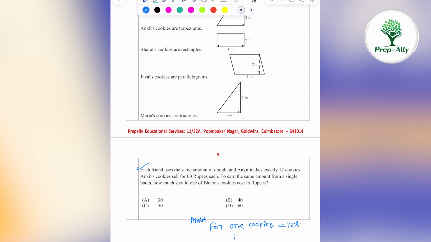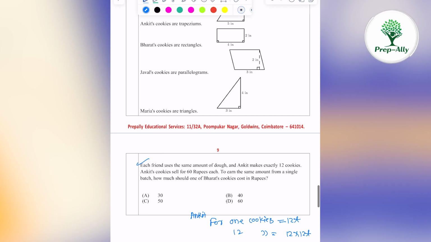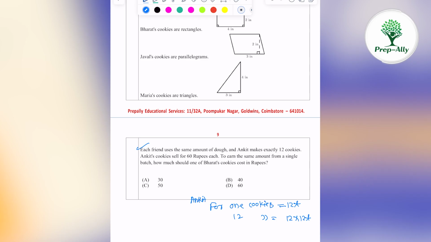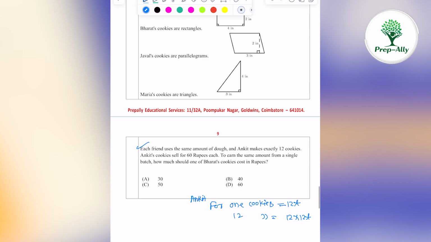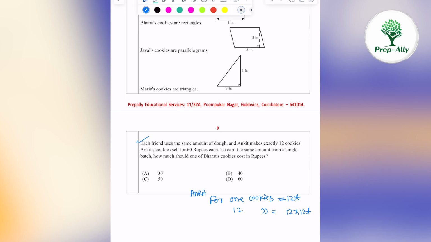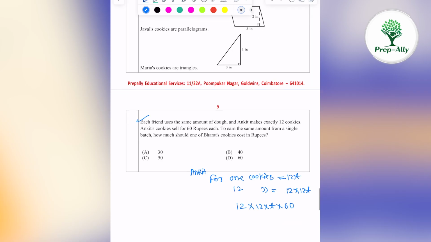So for 12 cookies, 12 into 12t volume, this much quantity they require. And Ankit's cookies sell for 60 rupees each. So if I write 12 into 12t into 60, this is the price for Ankit. To earn the same amount from a single batch, how much should Bharat's cookies cost in rupees?